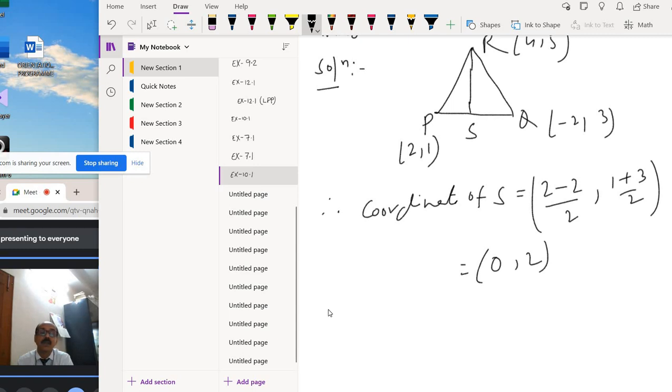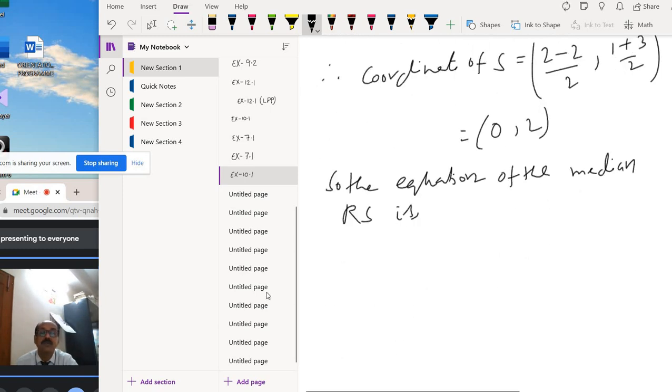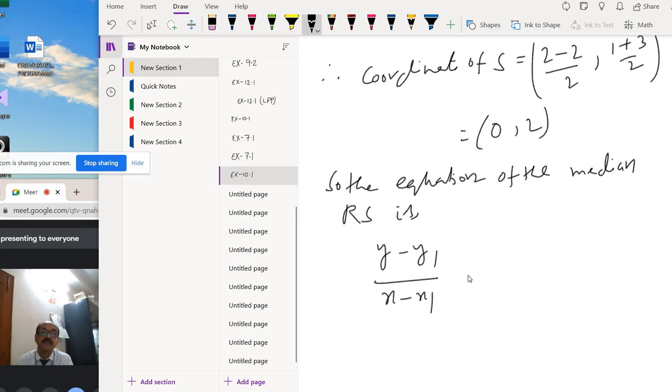So use the two-point form for the equation of the median RS: y minus y1 by x minus x1 equals y2 minus y1 by x2 minus x1.